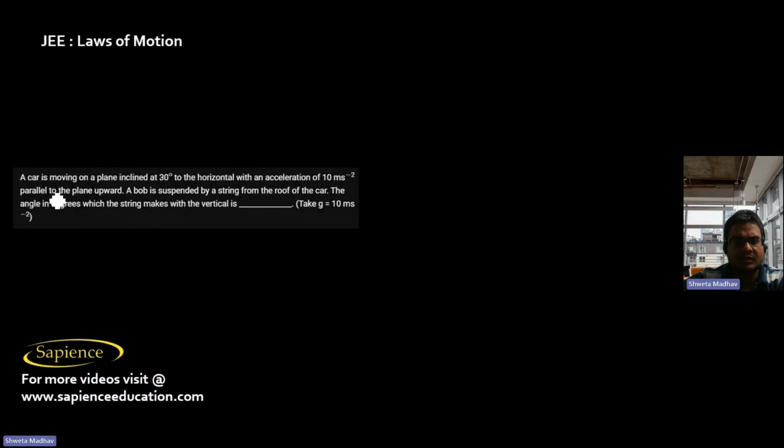So here it is told that a car is moving on a plane inclined at 30 degrees to the horizontal with an acceleration of 10 meter per second square parallel to the plane upward. So it is going upward with an acceleration of 10 meter per second square. A bob is suspended by a string from the roof of the car. The angle in degrees which the string makes with the vertical is.